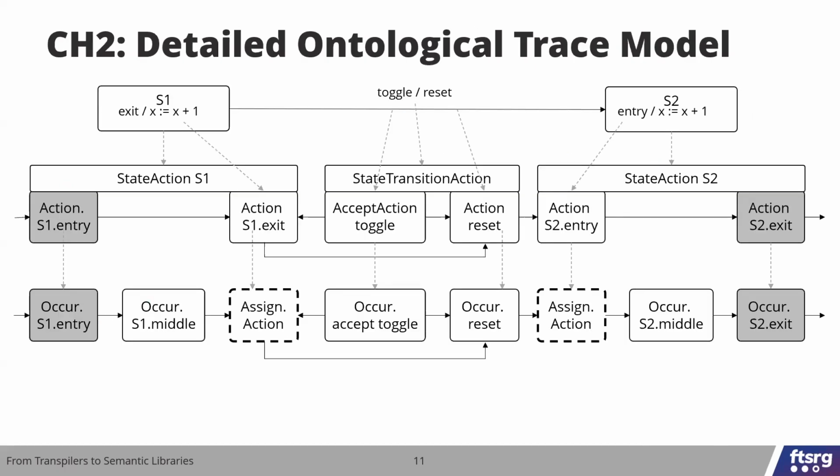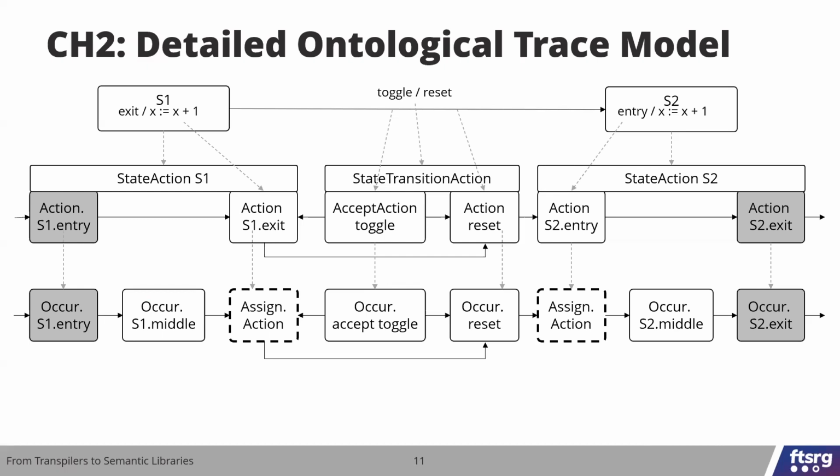The second challenge comes from the fact that ontological representation has very intricate details. So, for example, here on the top, you don't really see the laser pointer. On the top, you can see a simple two-state, one-transition state machine. It is a transition from state 1 to state 2. State 1 has some exit action, state 2 has some entry action. The transition is simple.